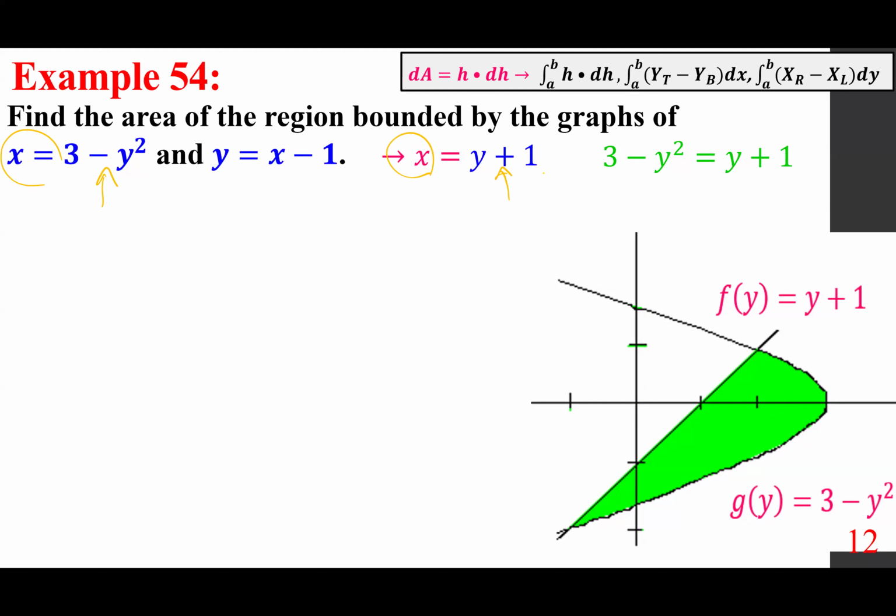If I move this to the other side, I get y squared plus y minus 2, and so what we have here is y minus 1 times y plus 2.